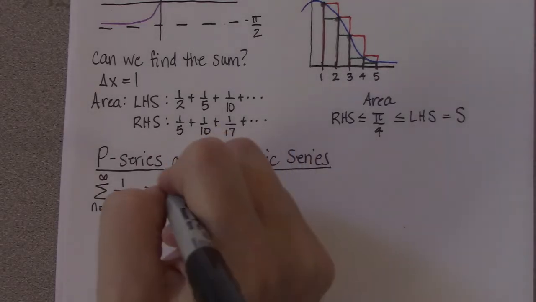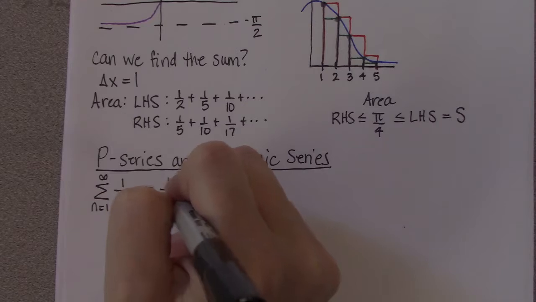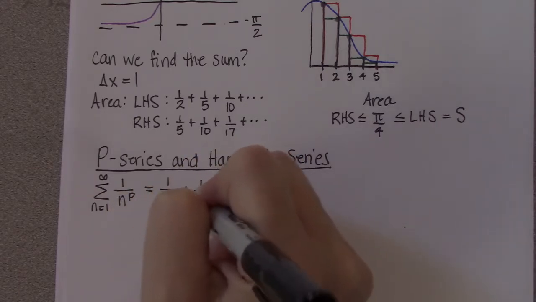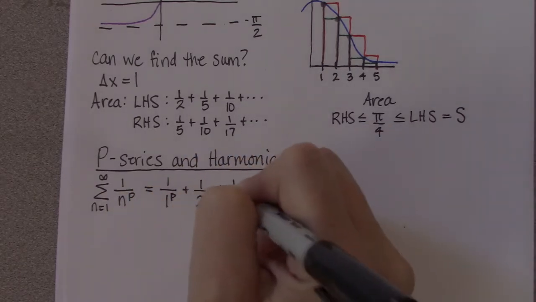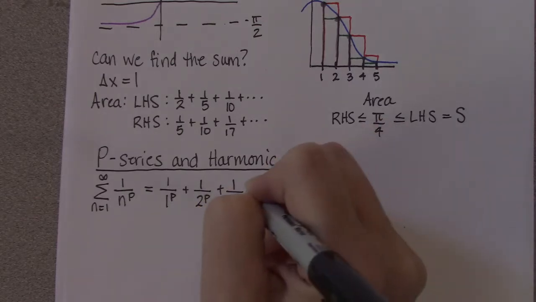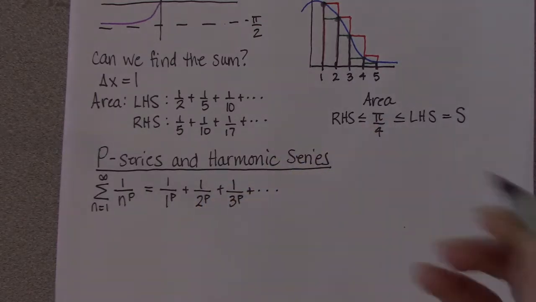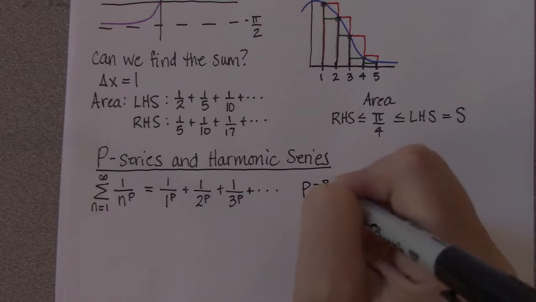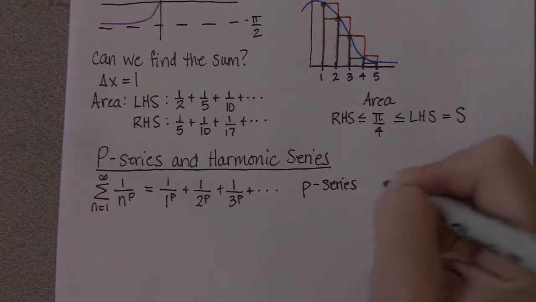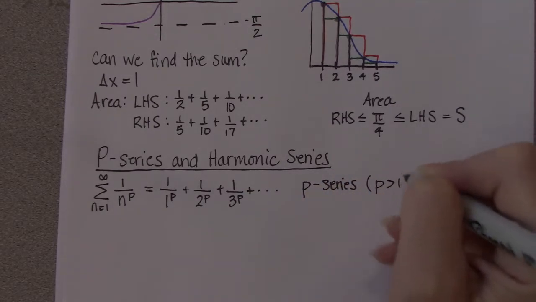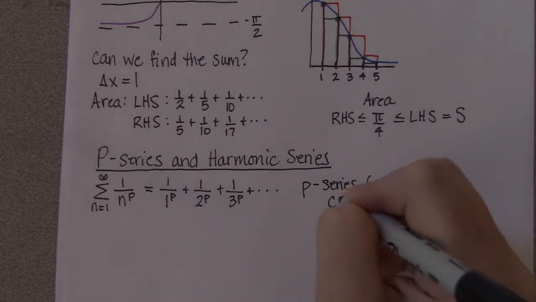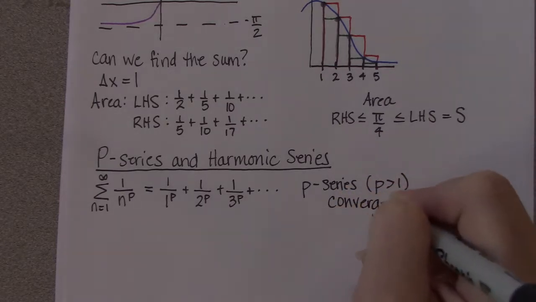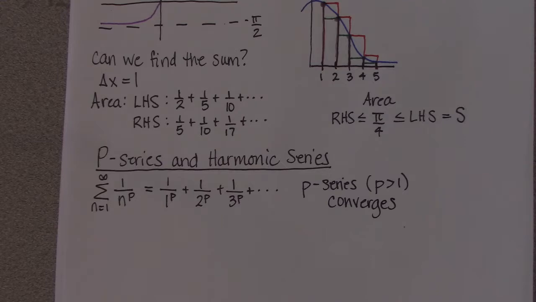So if we look at the first couple of terms, you would have 1 over 1 to the p, 1 over 2 to the p, 1 over 3 to the p. And what we'll see in a second, I'll show you why, is that if the value p is greater than 1, the series converges.